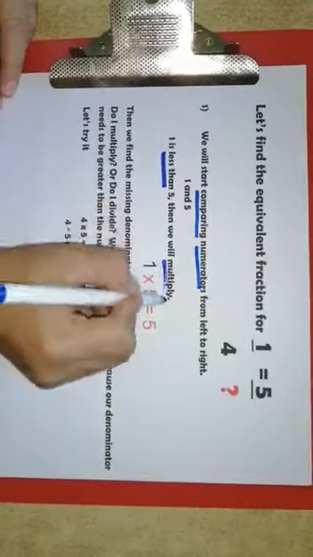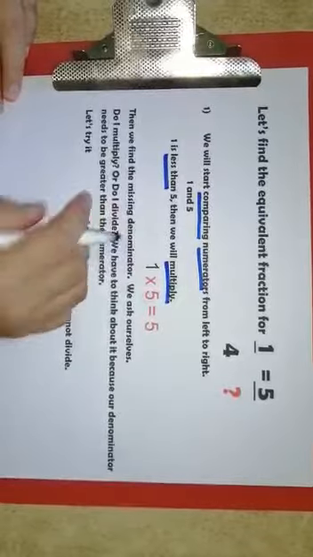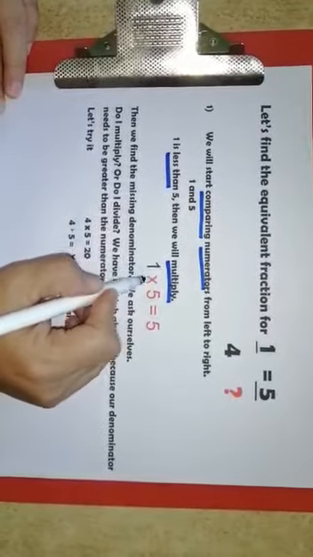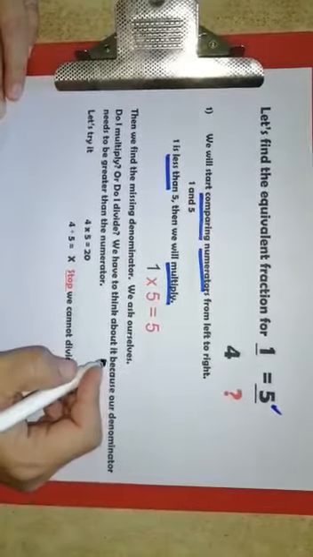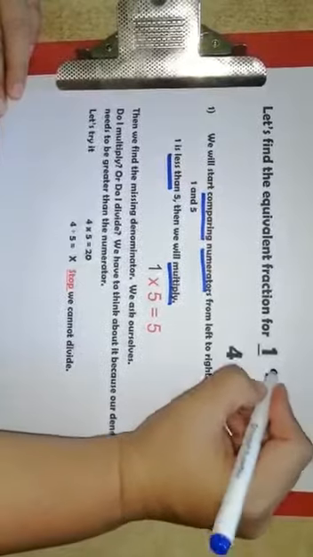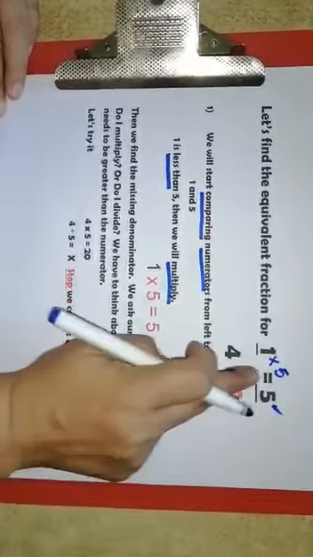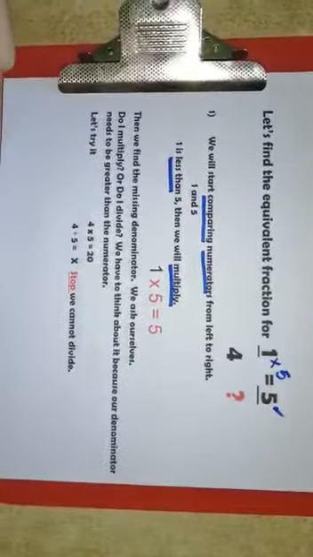Then we will multiply. That's the rule. Okay, we will multiply 1 times 5 equals 5. Remember, we are looking for 5 that is already given. So we will multiply 1 times 5 equals 5.